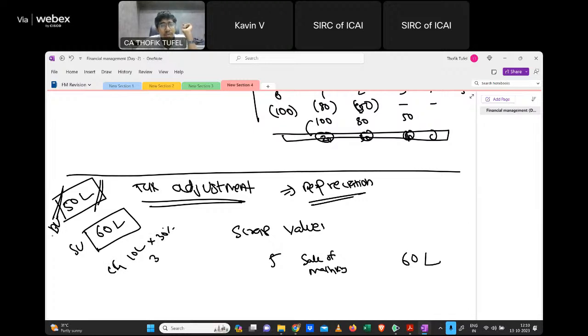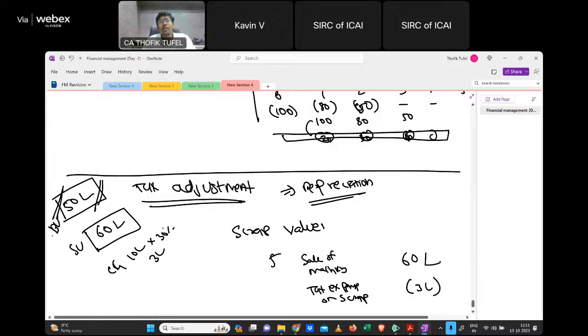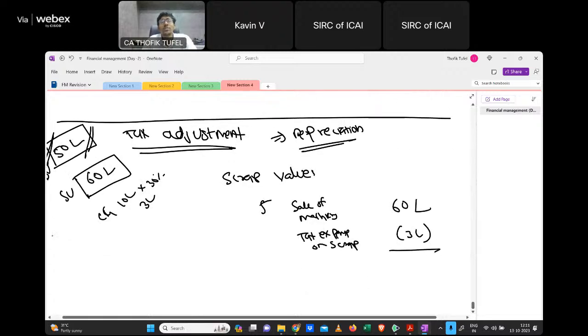That means you have to pay 3 lakh as taxes, correct? So 60 lakh rupees you receive as inflow, but you will pay 3 lakh to government. Then you have to put tax expense on scrap, and your net terminal cash inflow is not 60, it will be 57 lakh.